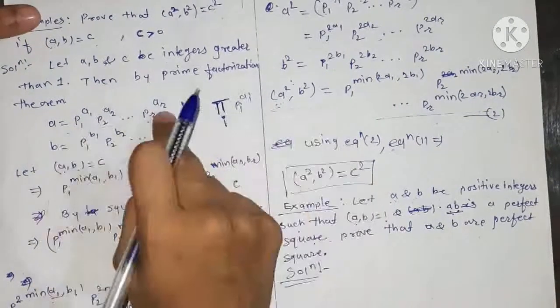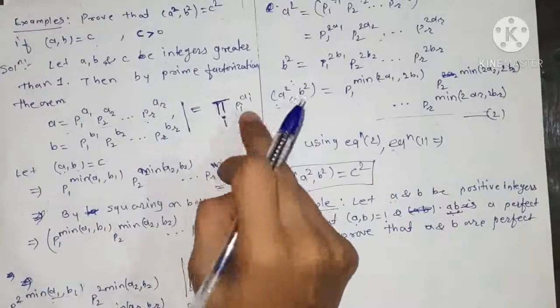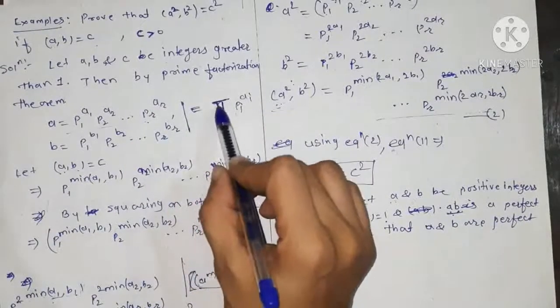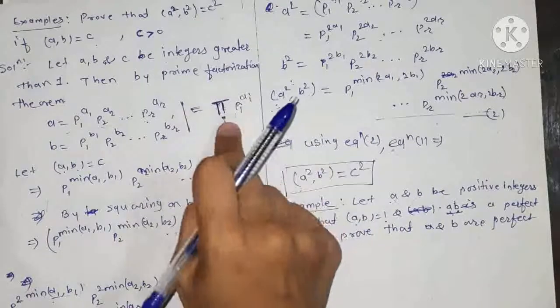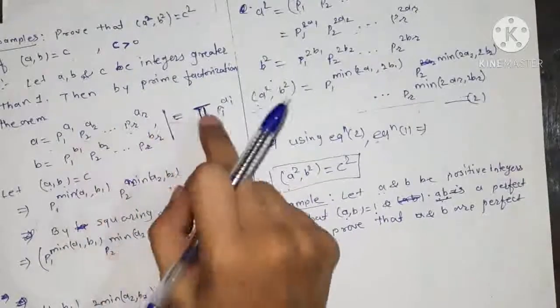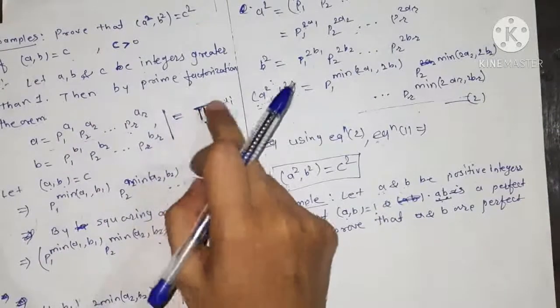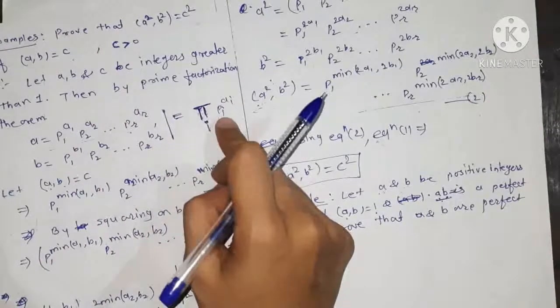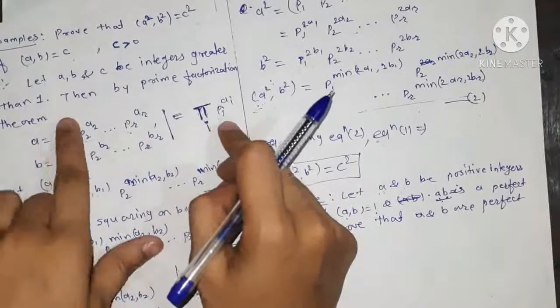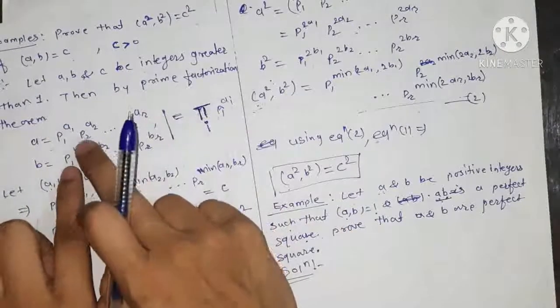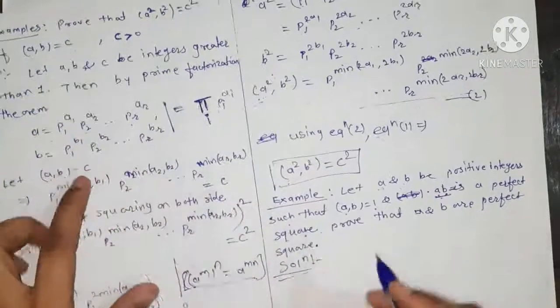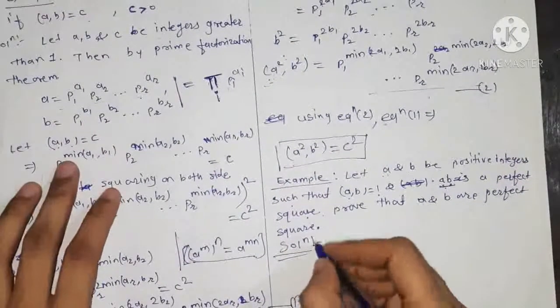What this means is that this sign is nothing but the sign of the product. So we can write the product over i of primes pi to the power ai, and similarly here the product over i of pi to the power bi. We use those forms here.